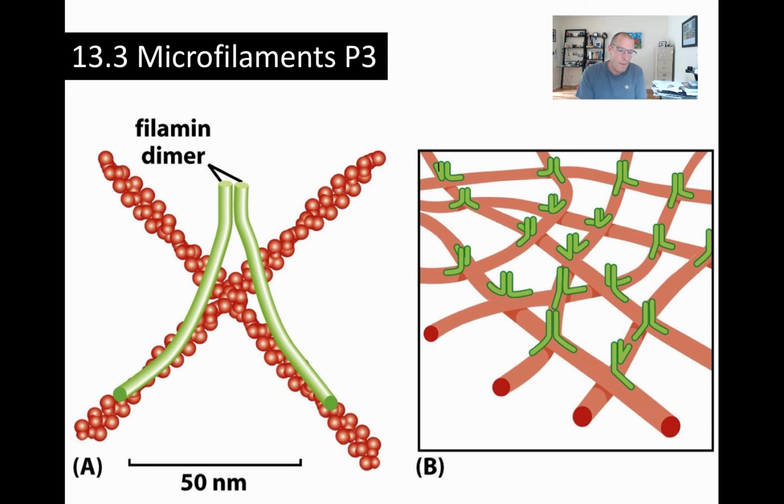So filamin is a dimer. One part binds to one actin filament, the other part binds to another actin filament, and now they're stuck together. So that's going to form a network. But then there's a whole bunch of proteins which can work to break up the network by severing and that kind of thing. So a protein called gelsolin can sever the actin filaments, and that will promote depolymerization.